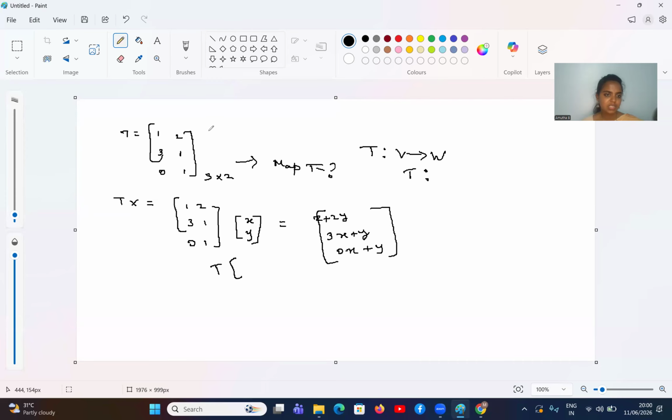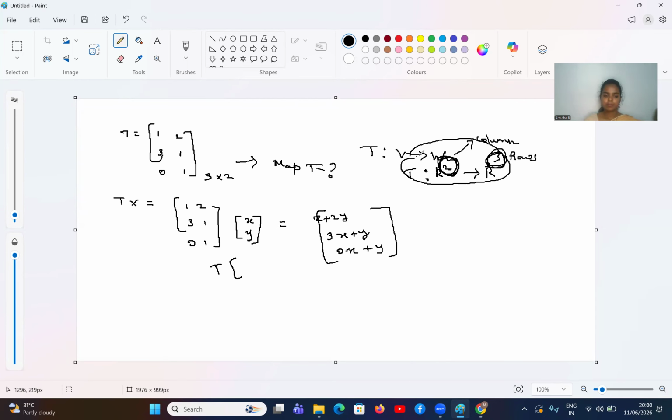That means T is a 3 by 2 matrix. Next, when you are writing real numbers to real numbers, first you write the number of columns in the power of the vector space V, and in the power of W, we write the number of rows. So, this is the columns. We have swapped the number of rows and columns in the T map.